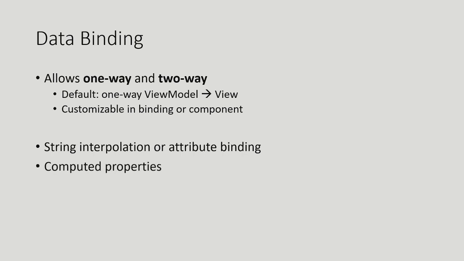Computed properties are also used with data binding so that you don't have to have everything you bind as a field, but you can use some kind of logic behind the scenes to calculate that property. And Aurelia also, with some help, can optimize how those calculations are run.